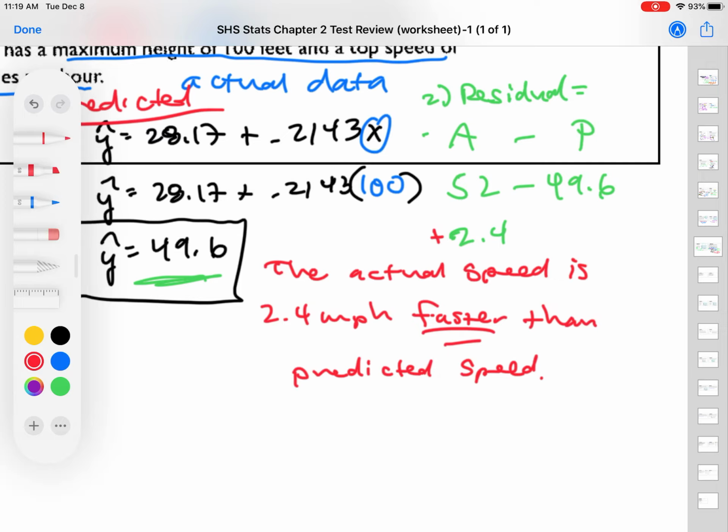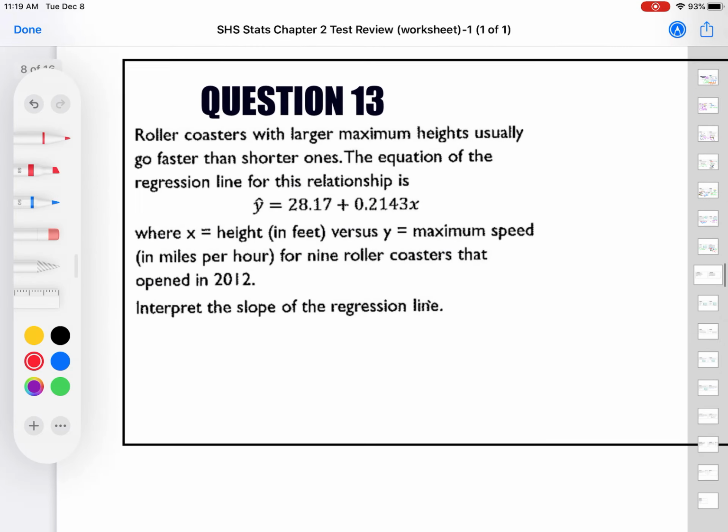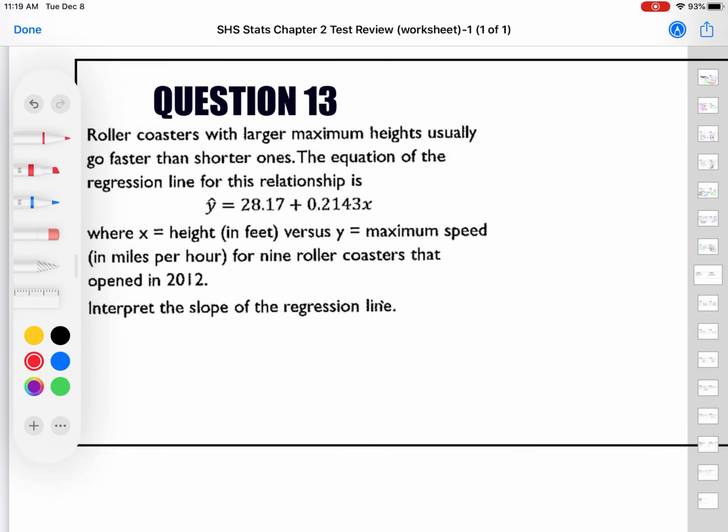All right, question number 13. Roller coasters, same thing. Interpret the slope.